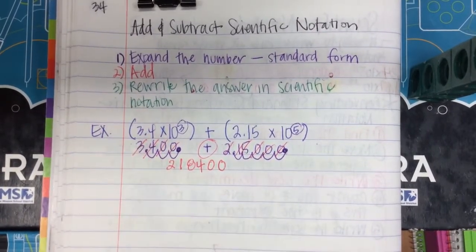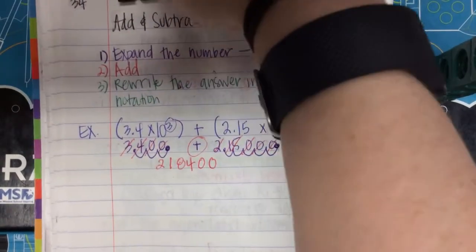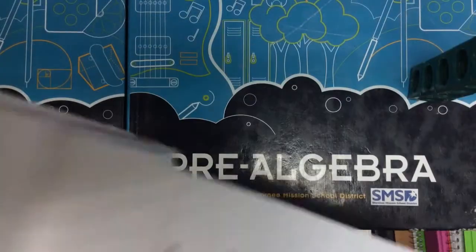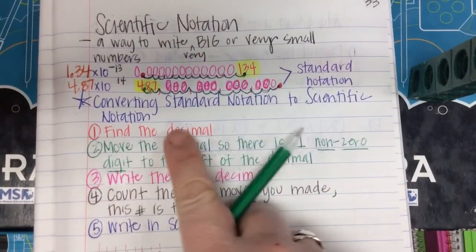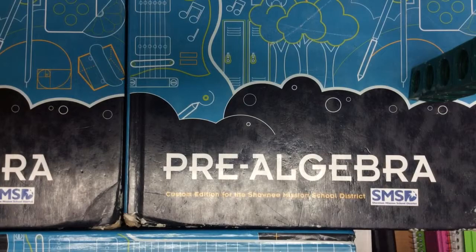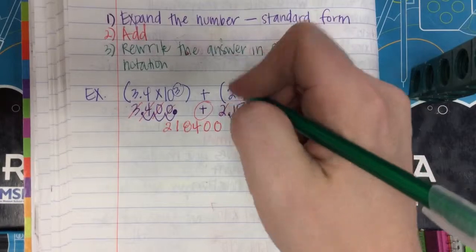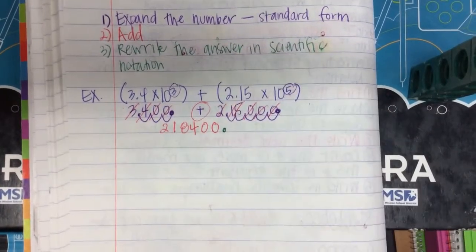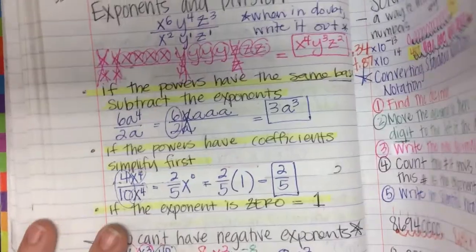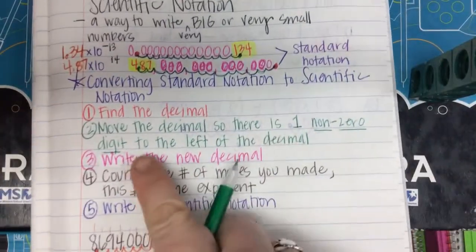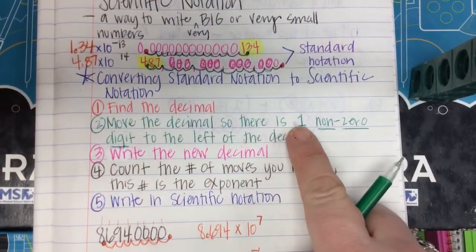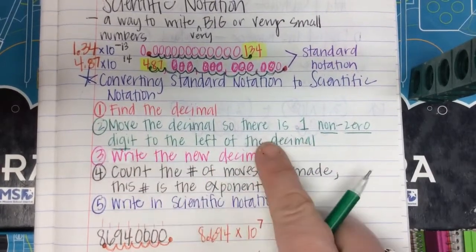Step 3. Rewrite the answer in scientific notation. To take a standard number and put it into scientific notation, step 1 said find the decimal. Looking at my answer, where's the decimal? At the end. I found the decimal. Step 2 said move the decimal so there is one non-zero digit to the left.